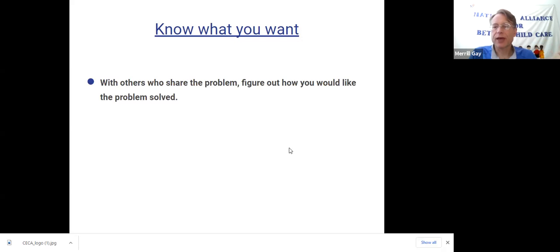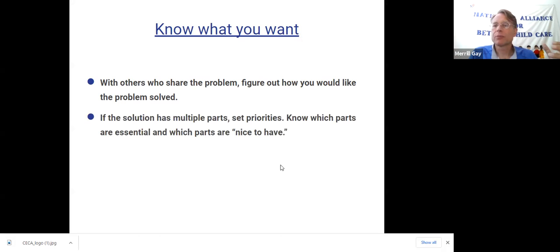The best way to do that is to work with the other people who share this problem with you and figure out together how you would like this problem to be solved. If the solution has multiple parts, you need to set some priorities. What are the things that you absolutely have to have?